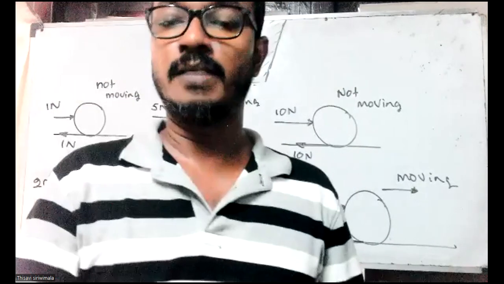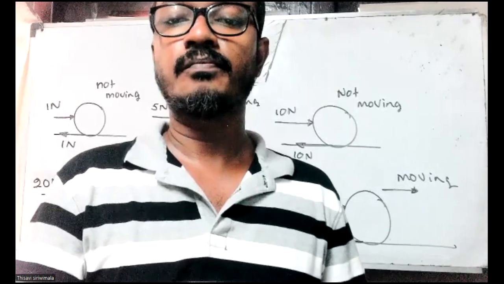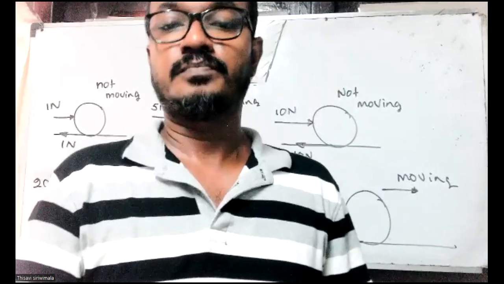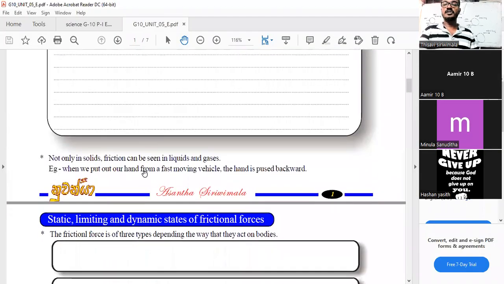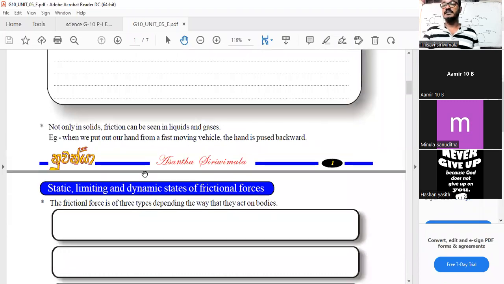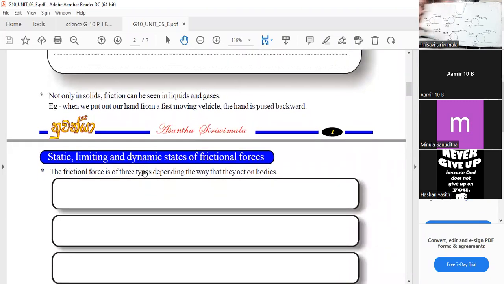Okay, let's go back to the tube. Not only in solids, friction can be seen in liquids and gases. So there are kinds of friction, but we don't use the word actually, but it is like friction.